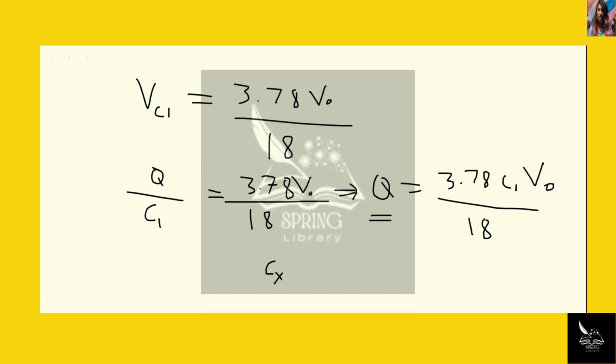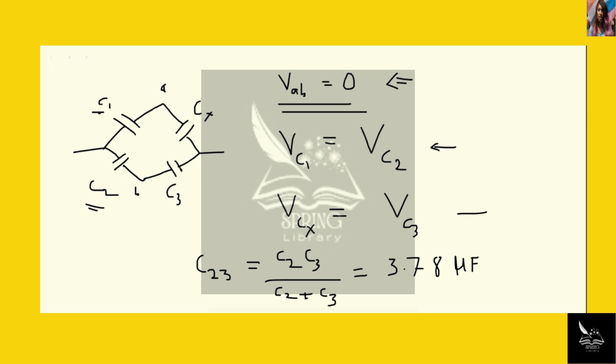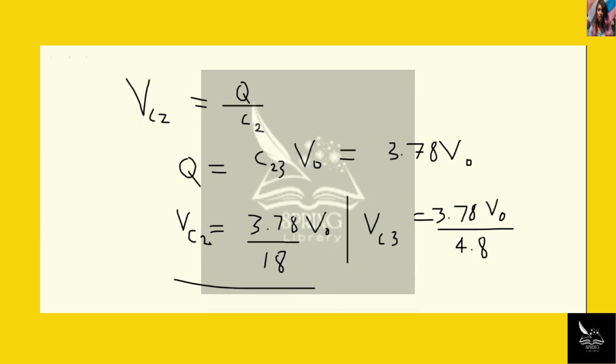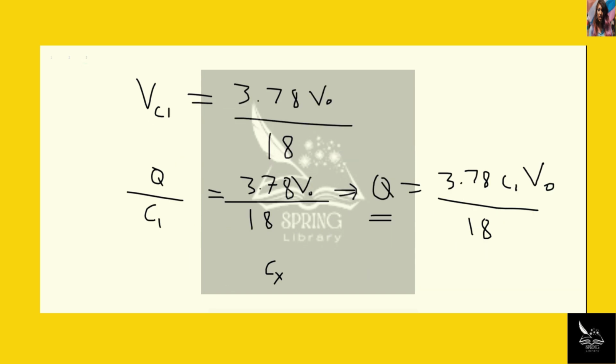Now, to use that information, we need to find out the potential across Cx. As mentioned before, VCx is equal to VC3.